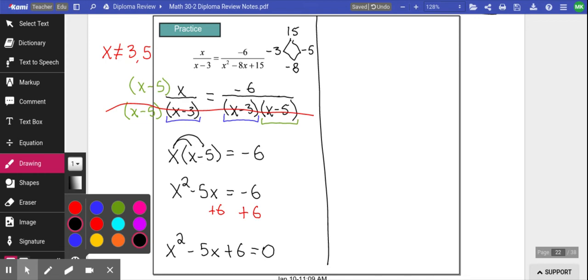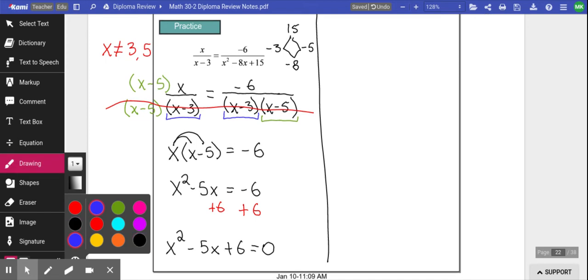If you are confident with your factoring, factor it. If you are not, then use the quadratic formula. For the quadratic formula, a would equal 1, b would equal negative 5, c would equal 6.